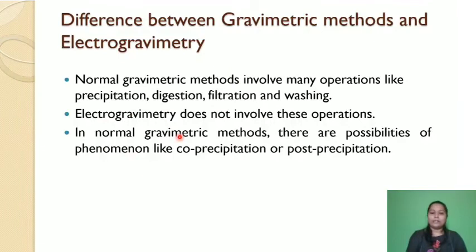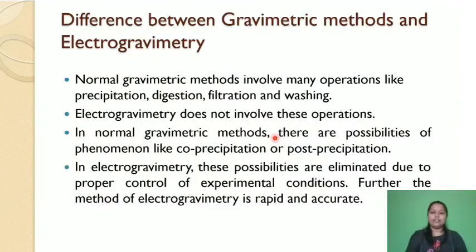In normal gravimetric methods, there are possibilities of co-precipitation, post-precipitation, etc. But in electrogravimetry, these possibilities are eliminated due to the proper control of experimental conditions. Further, electrogravimetry is a rapid and accurate technique. This is the difference between electrogravimetry and the normal gravimetric method.